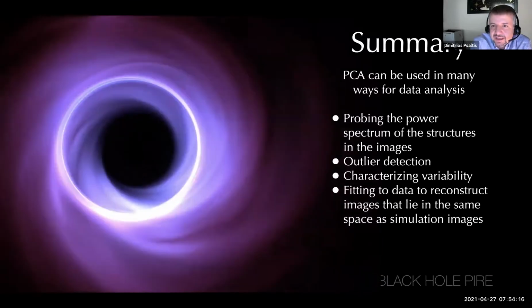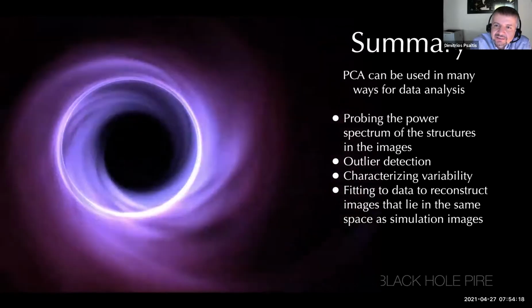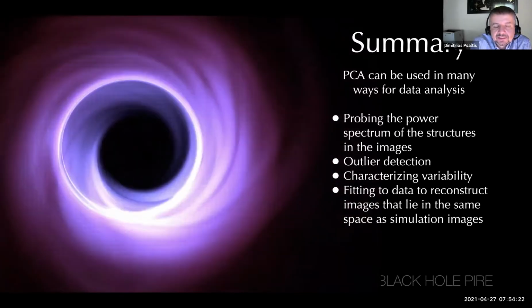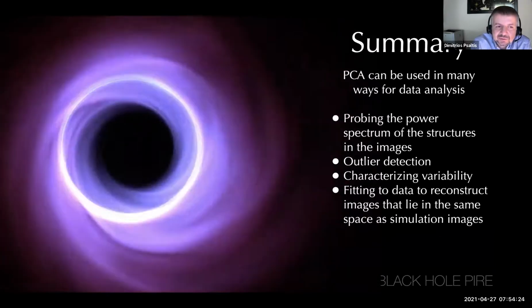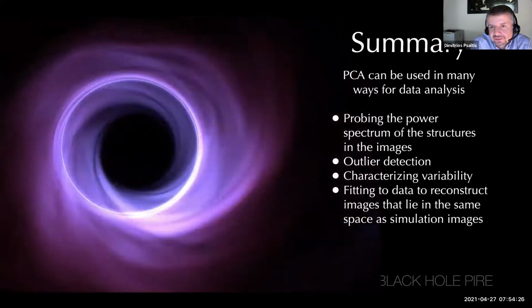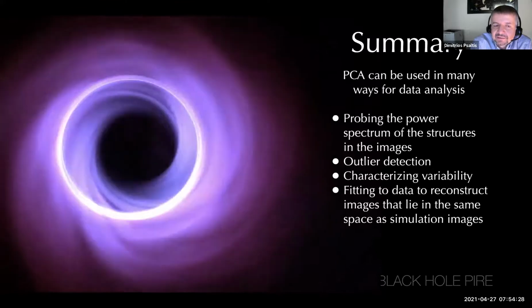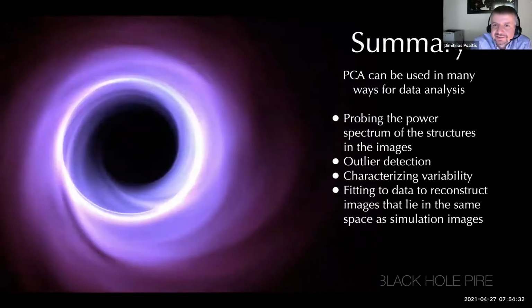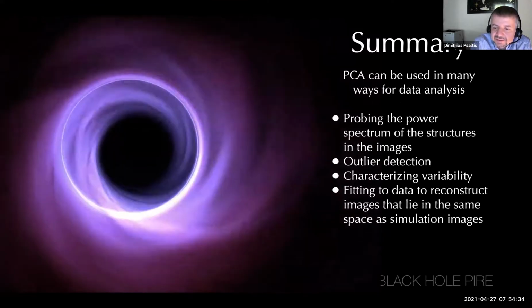What would happen if we tried to fit data that do not look like what we think black holes are with a set of PCA images that come from a simulation based on our prior expectations?